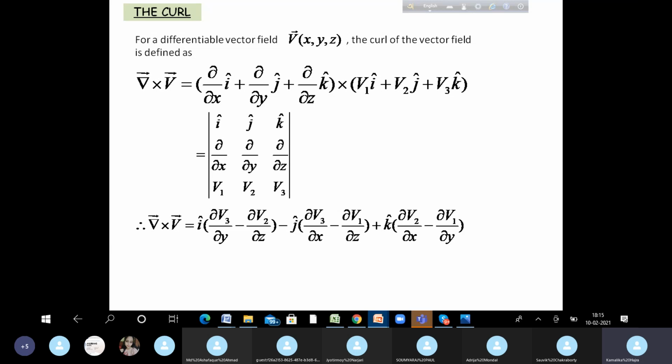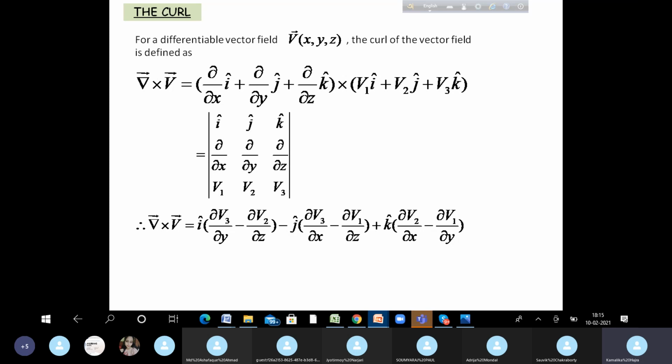By the way, just like we saw that when you take the divergence of a vector, you can get an answer which is greater than 0, less than 0, or equal to 0. When it is greater than 0, we say there is a source present. When it is less than 0, we say there is a sink present. And when it is equal to 0, we say the vector is solenoidal.